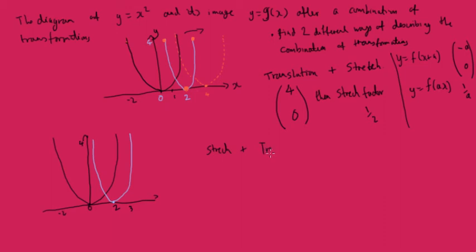So now we're going to do the stretch first, plus the translation. So we're going to try a stretch factor again of a half. When you're doing these kind of trial and error things, go with what's easiest first and what kind of makes sense. So half makes sense. So if we were to take this and translate it, so there's half of 0, 0, so the minimum stays there. 2 goes to minus 1. So I'm going to do a dotted line.